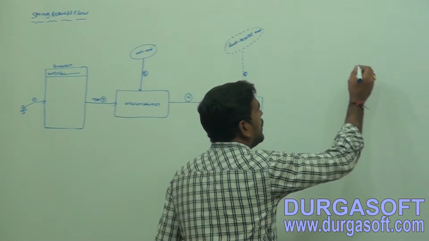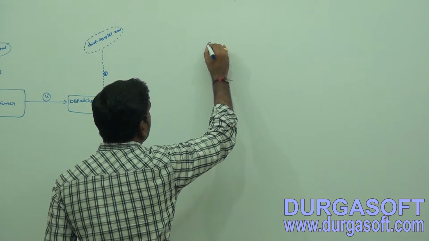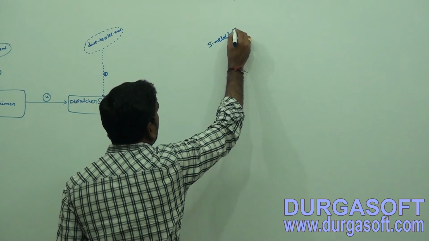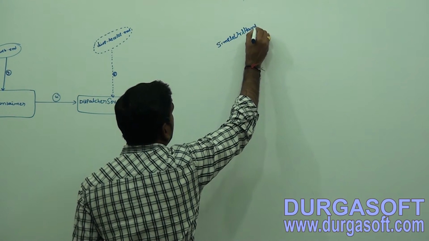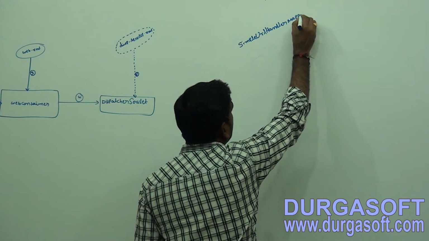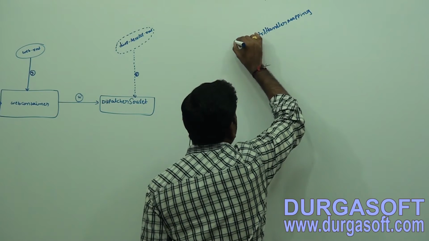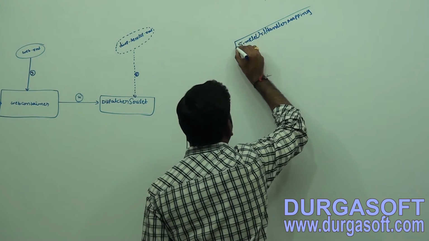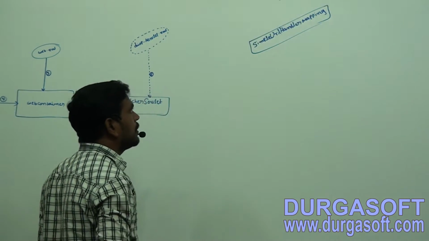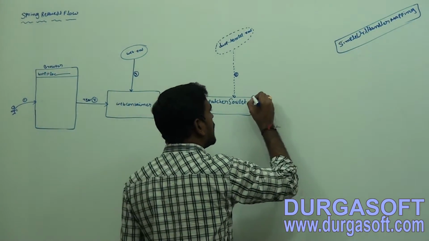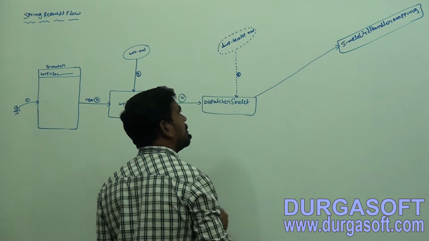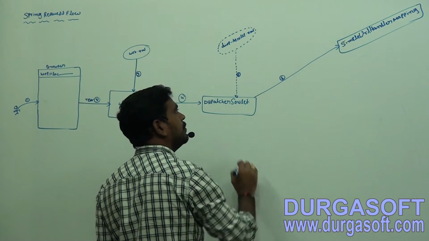So now, SimpleUrlHandlerMapping. This is one of the predefined classes. Now the dispatcher servlet makes the request to that class.